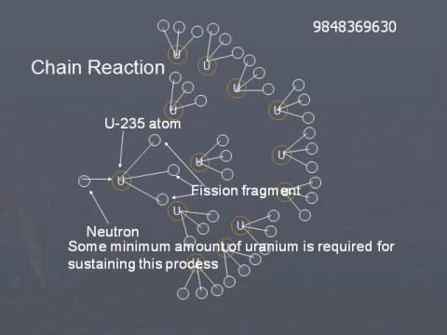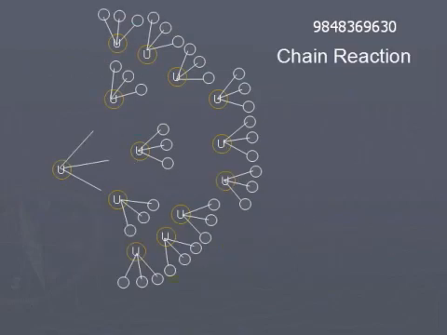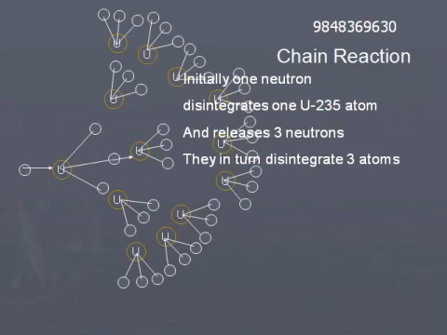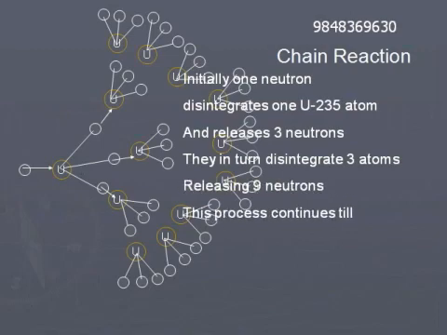These 3 neutrons collide with 3 atoms, each one collides with one atom and each produces 3 neutrons. So 3 neutrons produce 9 neutrons by disintegrating 3 atoms. The 9 neutrons in turn collide with 9 uranium atoms and produce 27 neutrons.